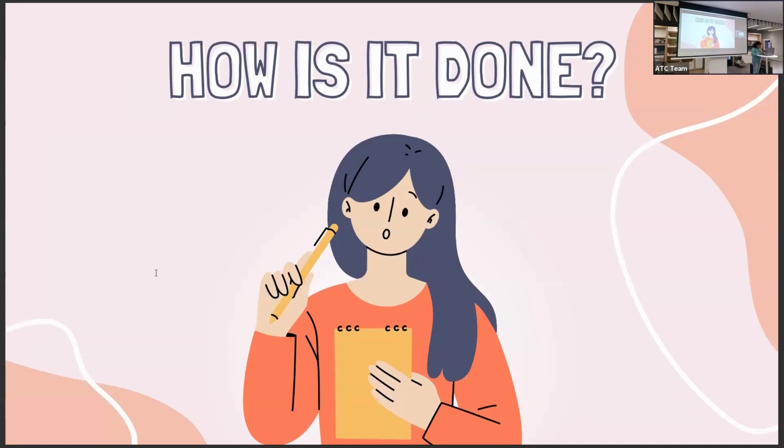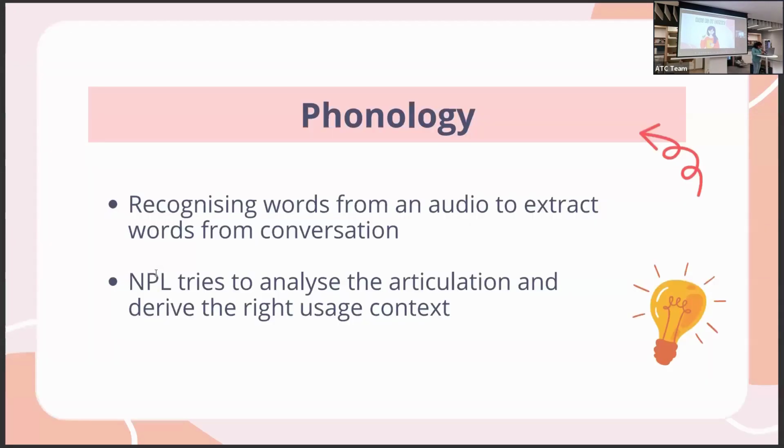Now, how is this done by the NLP algorithms? First of all, it goes through a process called phonology, which is a study of how tone is processed in voice-based communication. It's not the most ubiquitous form of providing input into an NLP system, but it assists in recognizing words in a conversation to make sure that the right word is inferred.